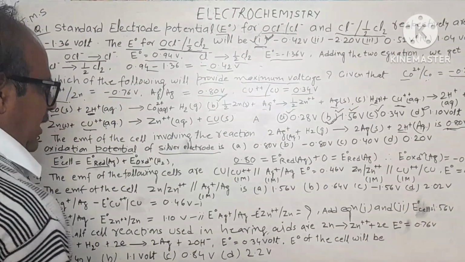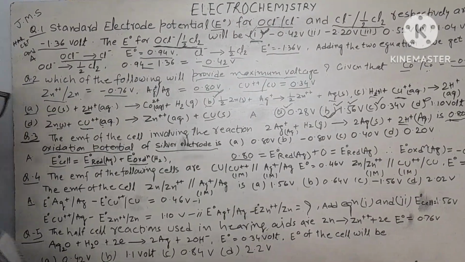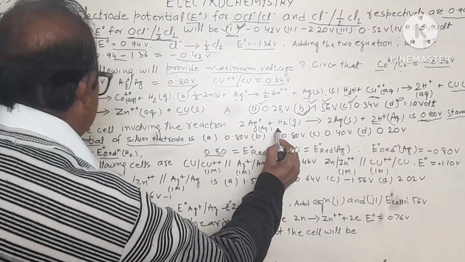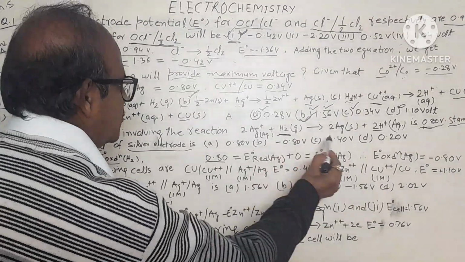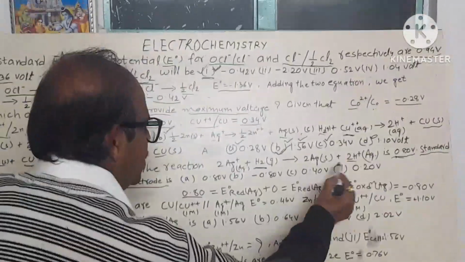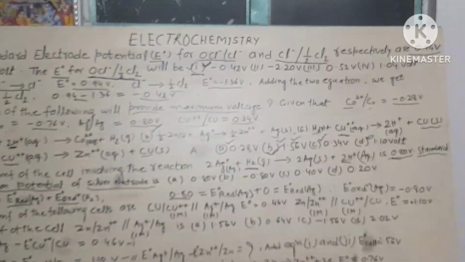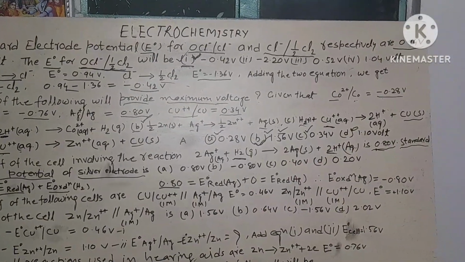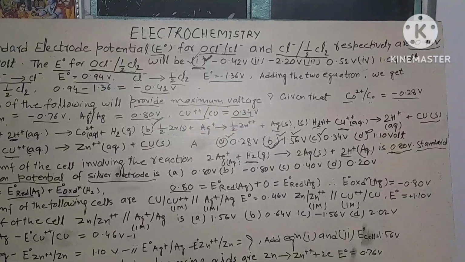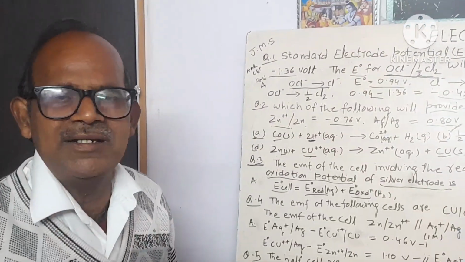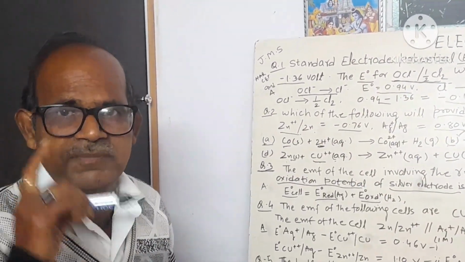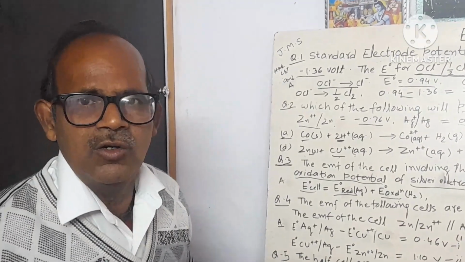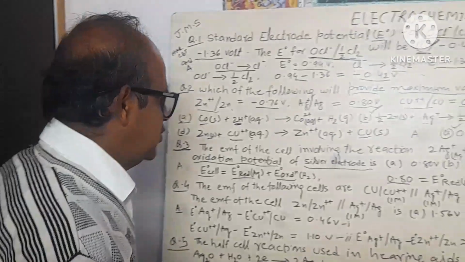Here you can see again the hydrogen gas electrode is being used. For the hydrogen gas electrode, the reduction potential will not be given. You should keep in mind, this is a fixed value, all should know. For this it will be 0.